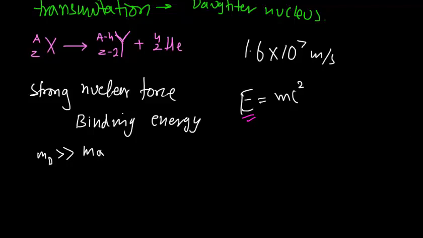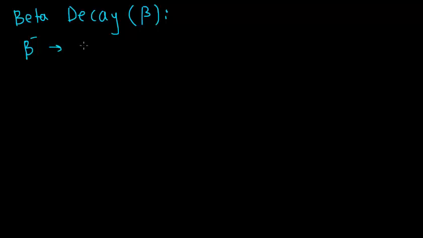Now let's discuss the process of beta decay in further detail. Beta particles that are emitted in some of the radioactive decay may be negatively charged, that are the electrons, or they can be positively charged electrons, that are called positrons, or also known as anti-electron. So beta particles that are negatively charged are electrons, beta particles that are positively charged are positrons.